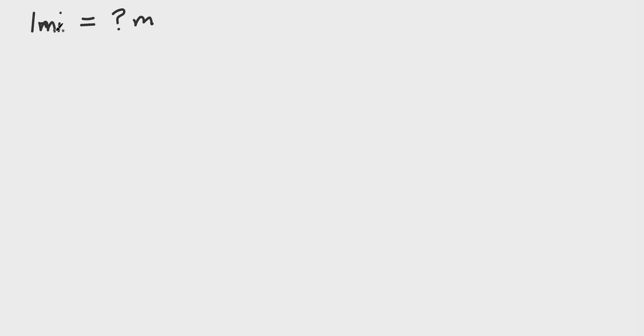Now you say, jumping between miles and meters is kind of difficult, but I'm going to give you a little extra information here. I'm going to say 1 inch equals 2.54 centimeters. Okay, so we can work from miles to inches to centimeters to meters, going that direction.